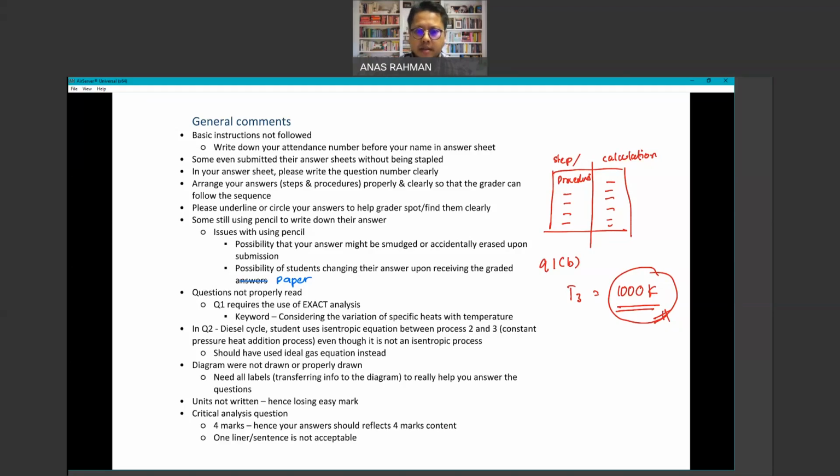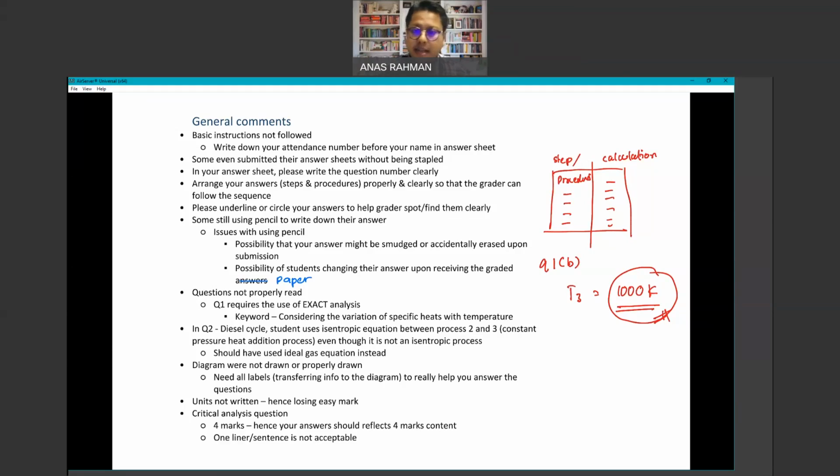Okay, all right. So next, unfortunately, again, I think I've mentioned this during the test, issues with using pencil. There is a reason why I asked students to use pen in submitting the answer sheets. Among the reasons are, first, the possibility that your answers might be smudged, or accidentally erased upon submission.